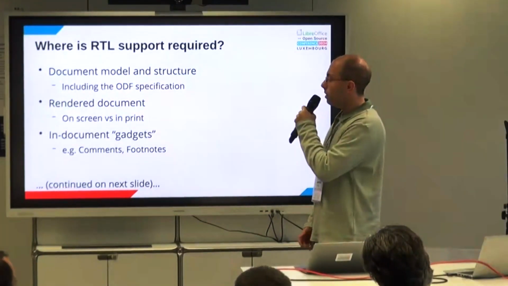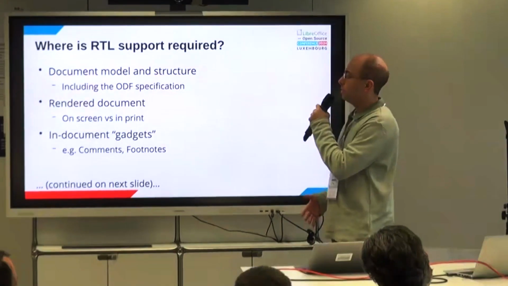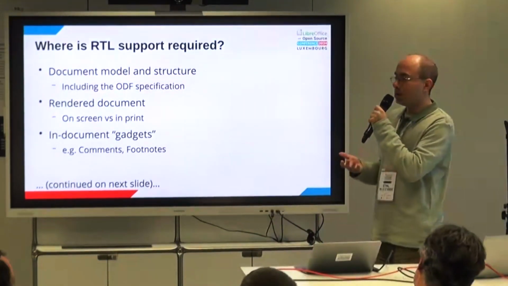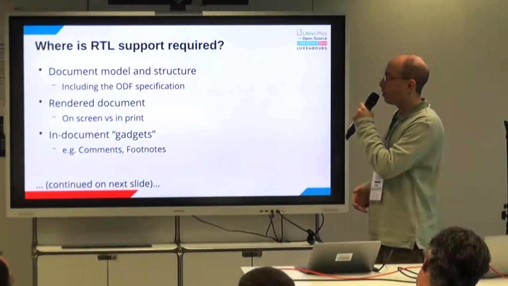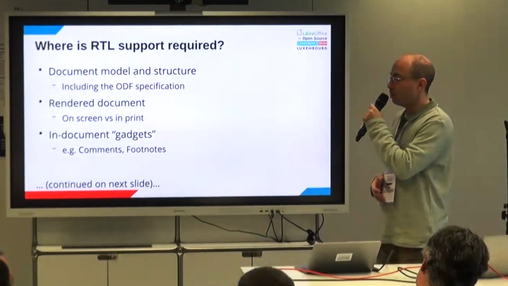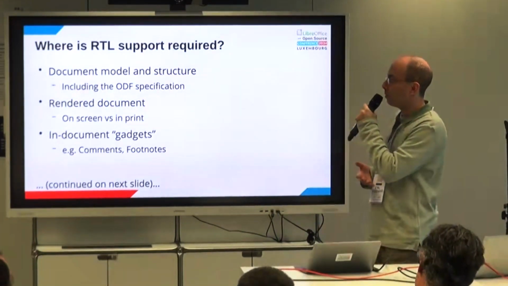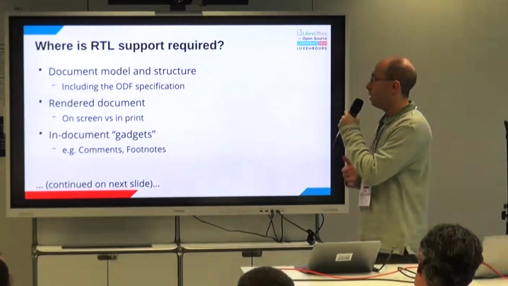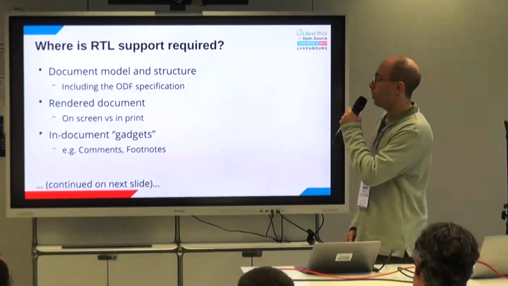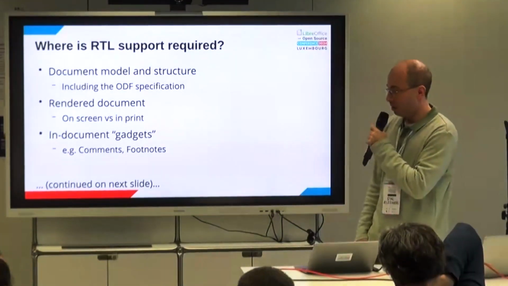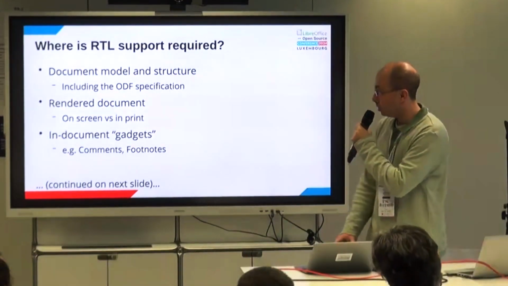And then there are lots of, let's call them gadgets in the document that aren't just the text itself, things like comments and footnotes and numbering mechanisms like line numbering and paragraph numbers. We need to account for right-to-left and different aspects of supporting those.